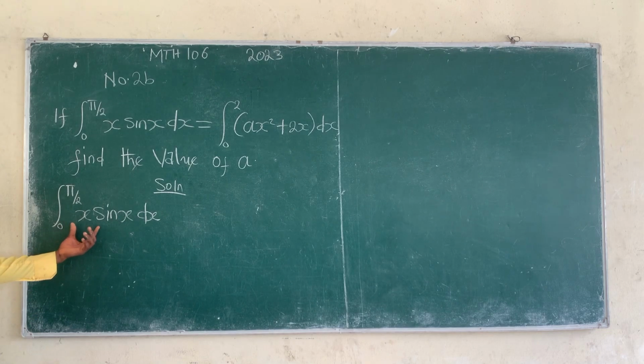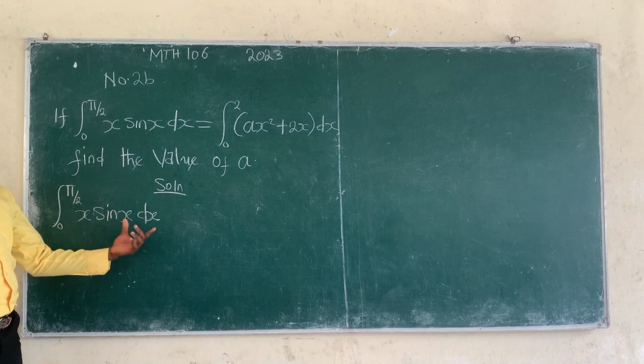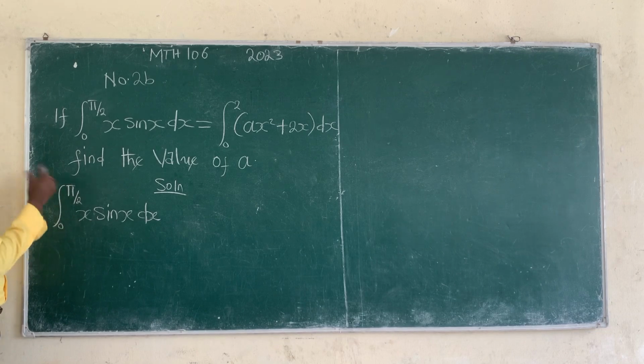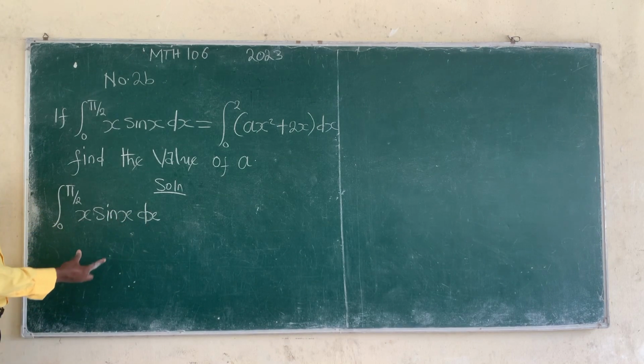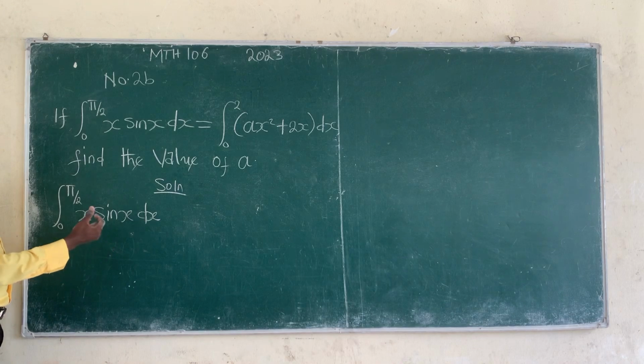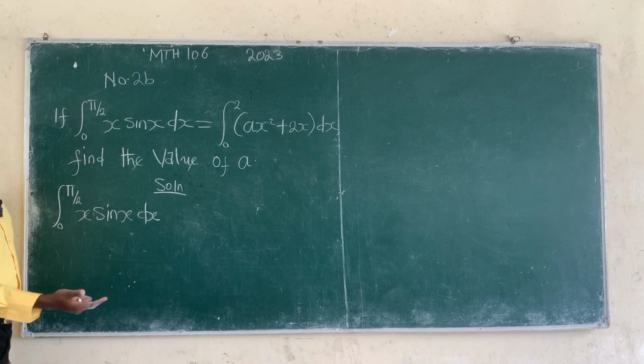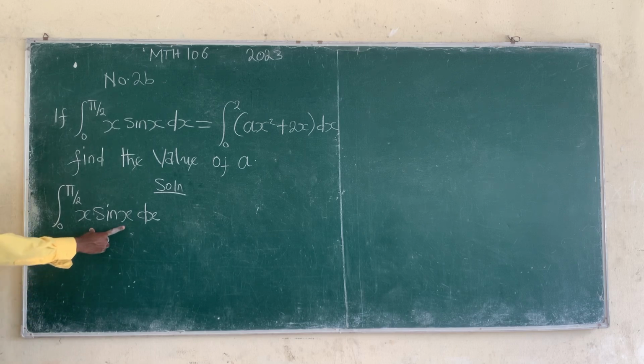Now, how can we integrate x sine x? Because x is a function of x, and sine x is another function of x, being multiplied together. So we have to use the integration by parts, which is also known as the product integral. So we are using the integration by parts here.